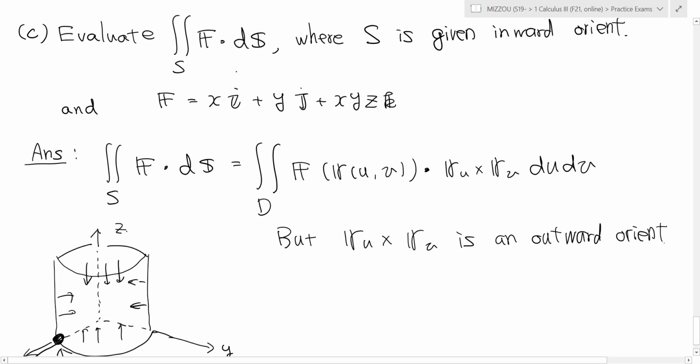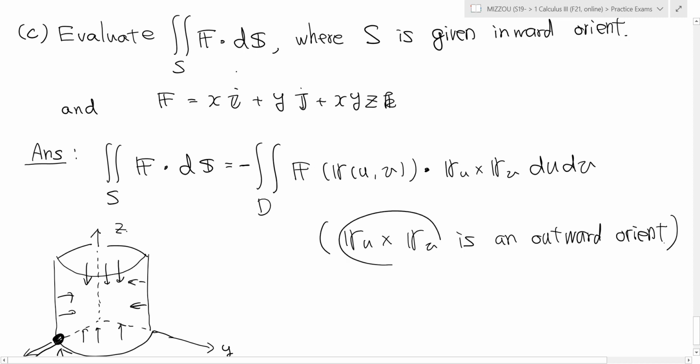So what you want to compute is the negative of this. So that's the answer. You have to put the negative sign, because of this remark in the parentheses.